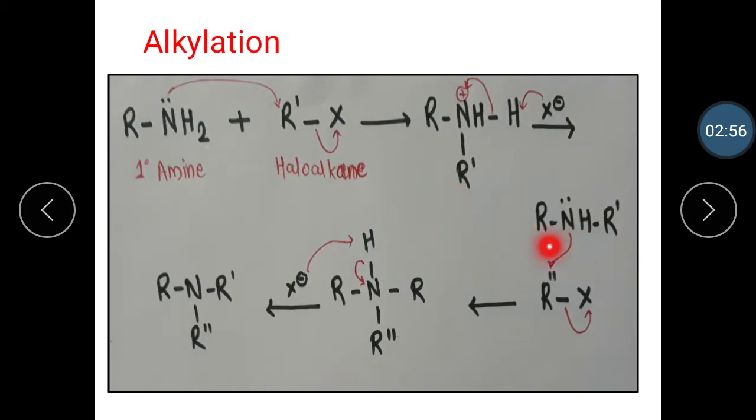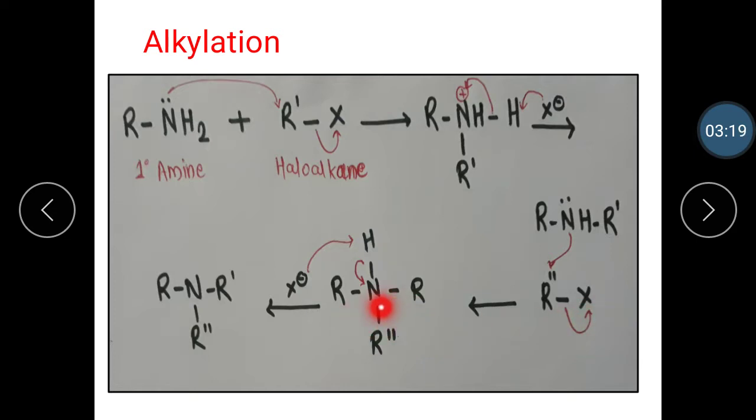On this nitrogen there is a lone pair of electrons, so it donates the lone pair to the R dash. This R2NH reacts with the haloalkane. The nitrogen donates its electron to the R dash group, so a bond forms between the nitrogen and R dash, and the halogen leaves.